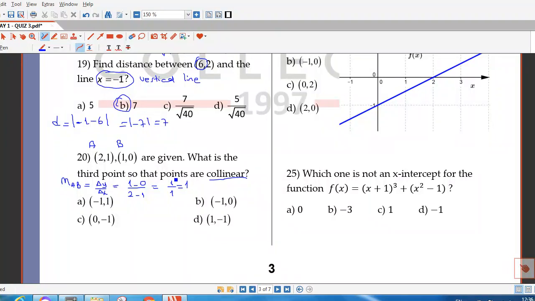I am looking for one more point. It is also going to give me 1 as a slope by using one of the given points, A or B. Or we can use the logic also.